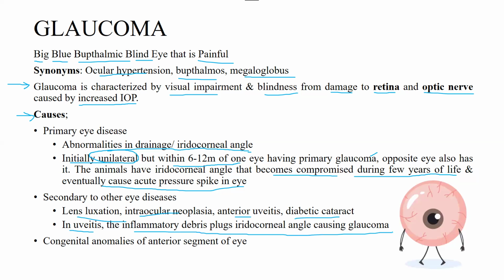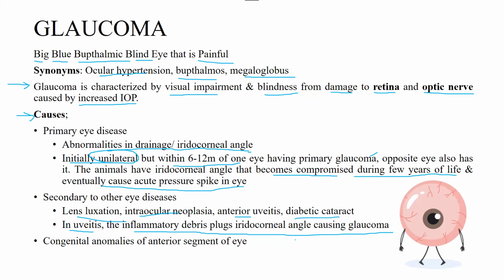When we talked about anterior uveitis in the previous videos, we said that in anterior uveitis the blood-eye barrier basically breaks. Because of that, WBCs, inflammatory cells, and proteins all start to come into the eye. And all those cells and proteins basically create a plug at the iridocorneal angle, causing its blockade, and that's why uveitis leads to glaucoma.